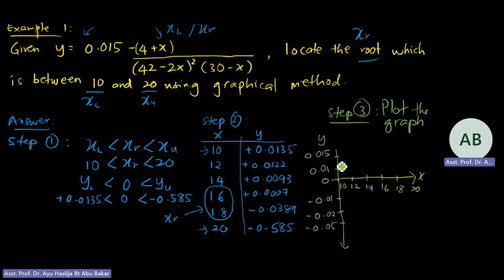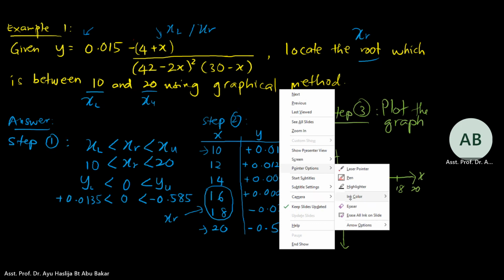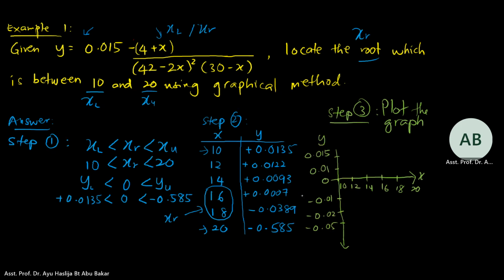So somewhere here. Okay, then 12, 0.0122, somewhere over here.